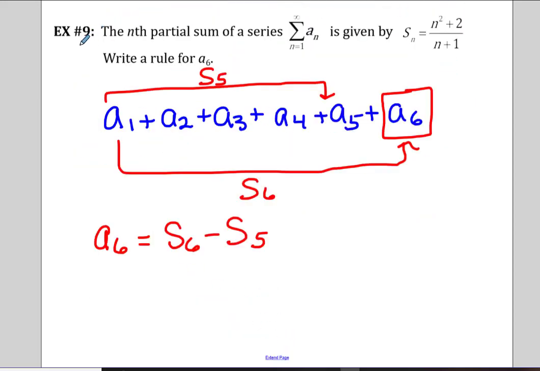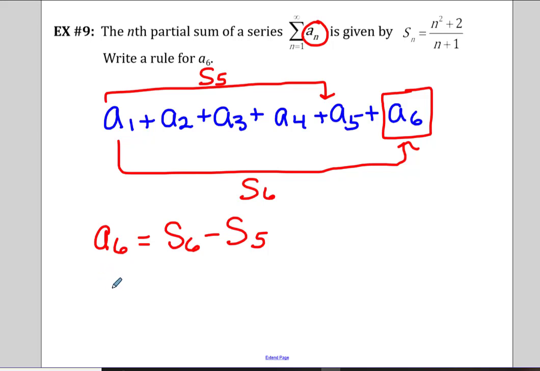In example 9, it's similar to 8, just a little bit easier. We want the nth partial sum of the series, and we know that this is the S sub n formula, and we want to write a rule for the 6th term. So the sum of the first 6 terms are the first 5 terms plus the 6th term, and if I want just the 6th term, I can take this summation and subtract the first 5, and we would know the 6th term.